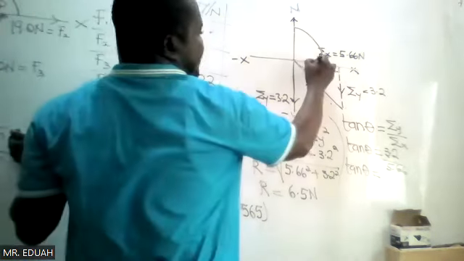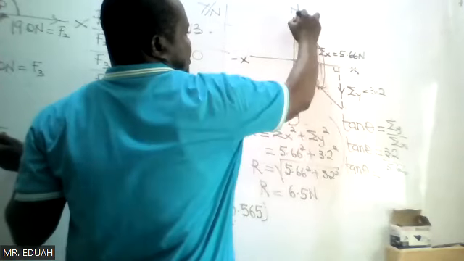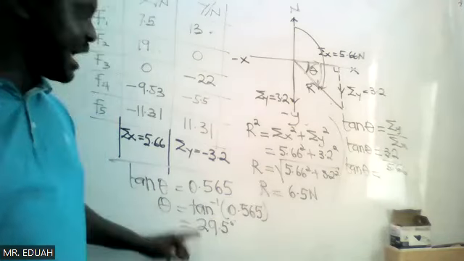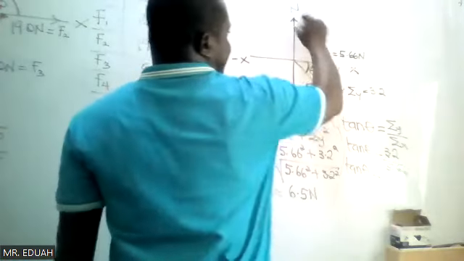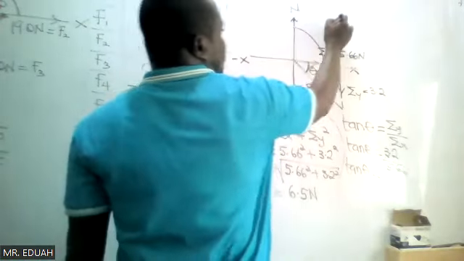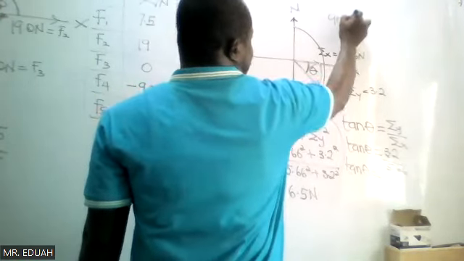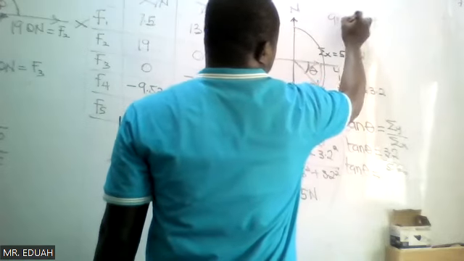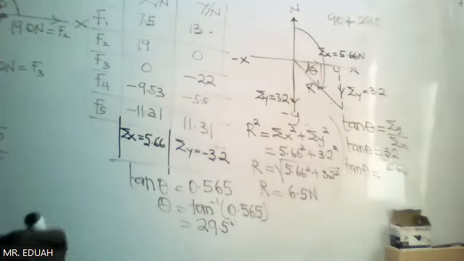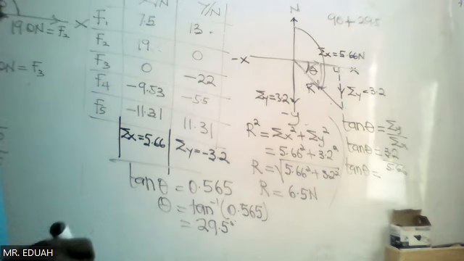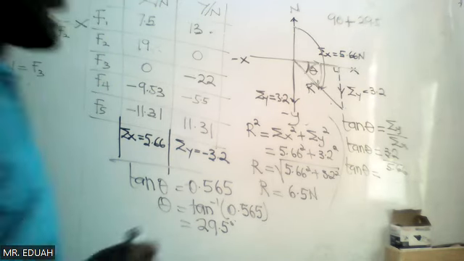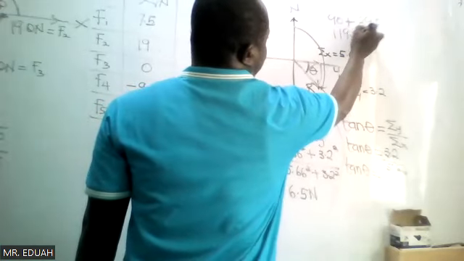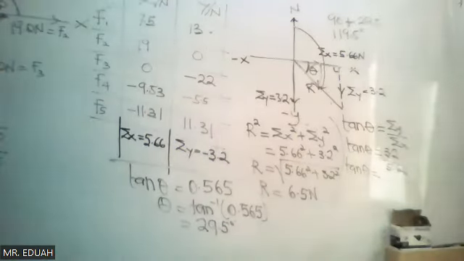Once I have this angle and I'm coming from the north, all that I do is add 90 to what I had. So the direction of the resultant from the north will be 90 plus 29.5, which gives us 119.5 degrees from the north.